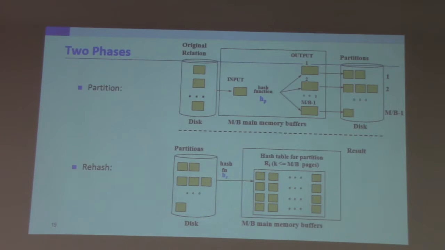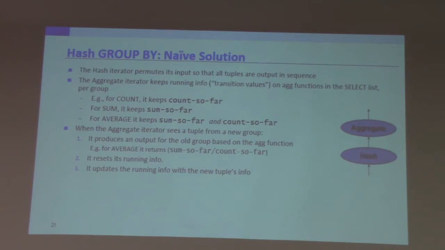How many rounds do you need? Well, that really depends on the skew probability and the size of that partition. But typically, applying one or two more rounds will get you there. Okay? So that's the idea.